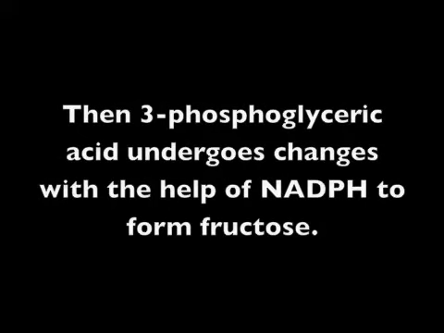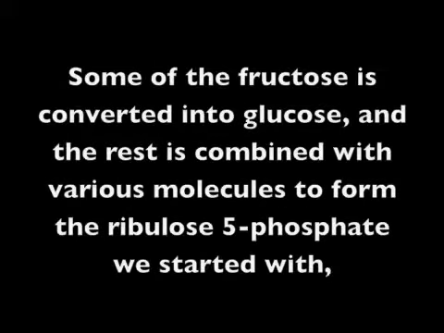Then 3-phosphoglyceric acid undergoes changes with the help of NADPH to form fructose. Some of the fructose is converted into glucose, and the rest is combined with various molecules to form the ribulose 5-phosphate we started with, so that the dark phase can repeat itself.